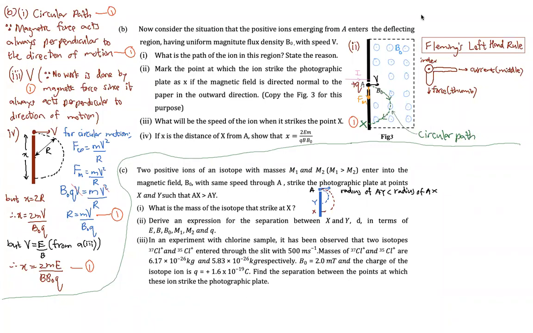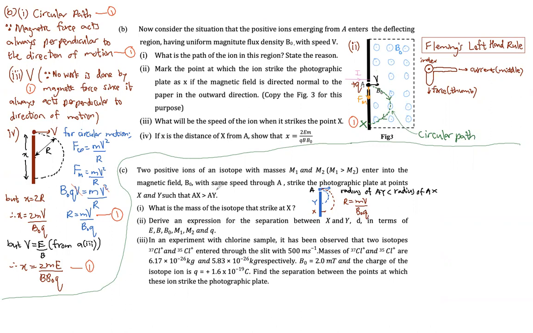And we have derived an equation for radius. Radius is equal to mv over B naught q. Tell me, what are the constants here? Two positive ions, so they both have the same charge.